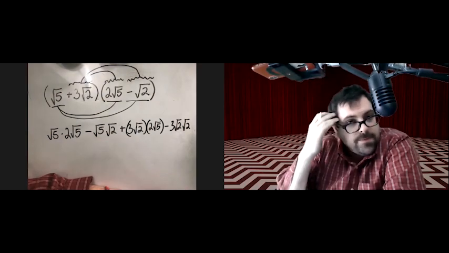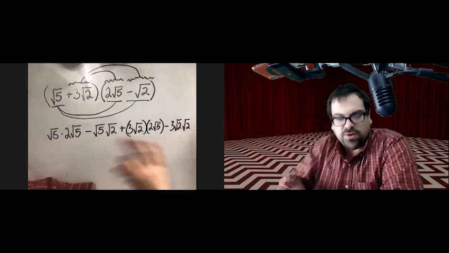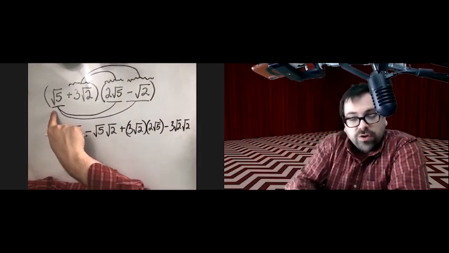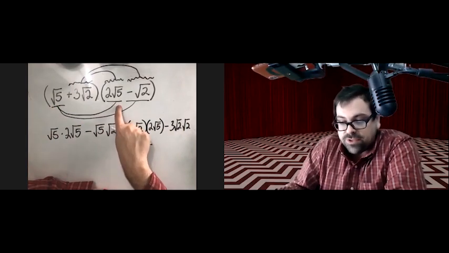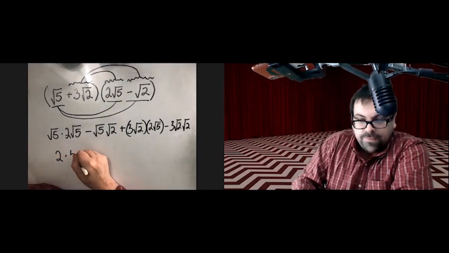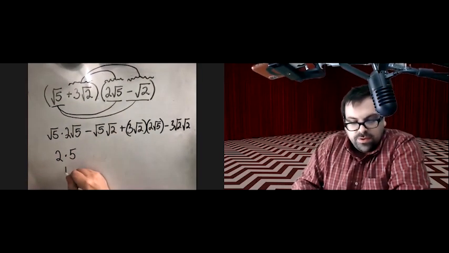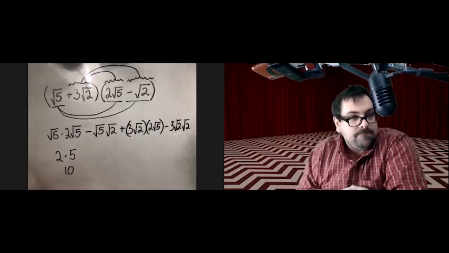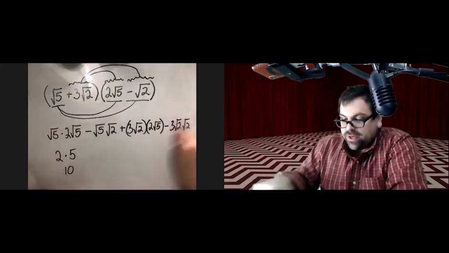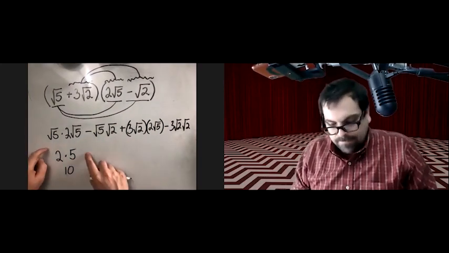Now, if you can grasp how to do each of these pieces, then you don't have to write this step out. When you're doing your FOIL, you can go first, radical 5 times 2 radical 5 is 2 times 5 is 10. Or once it's all written out, we can just look piece by piece.